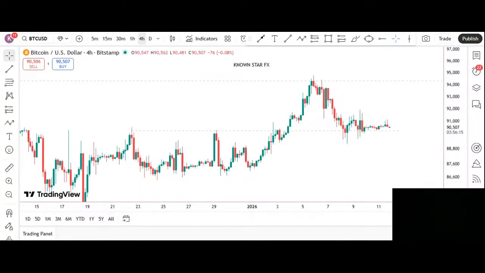And even looking at this zone, is my chart showing, please? Somebody is saying my chart is not showing. Let me cancel the sharing and start the sharing again. Sorry about that, guys. Can you see my charts now?